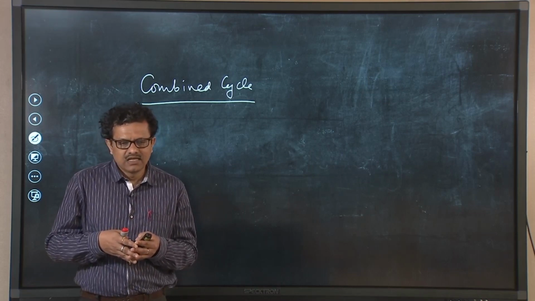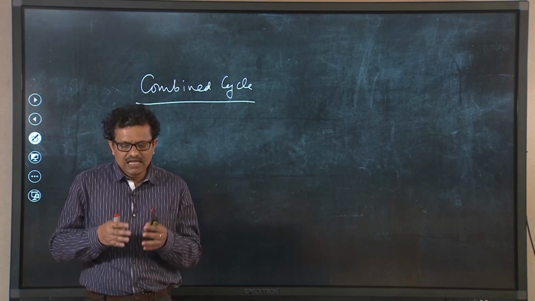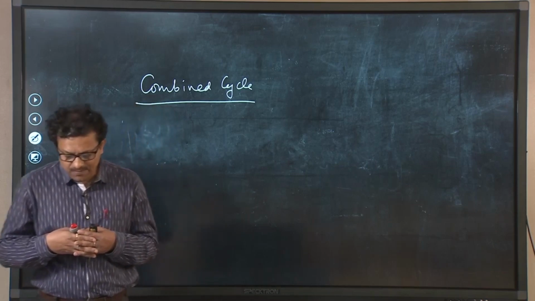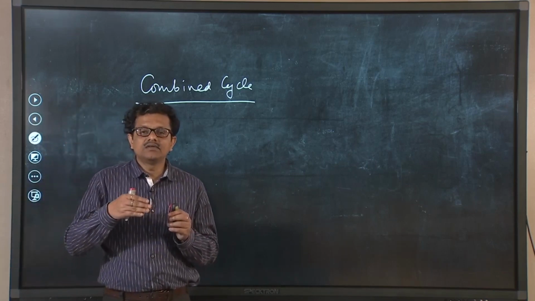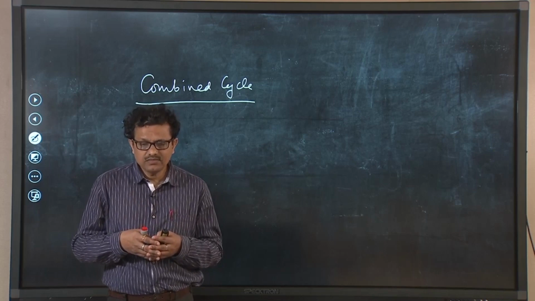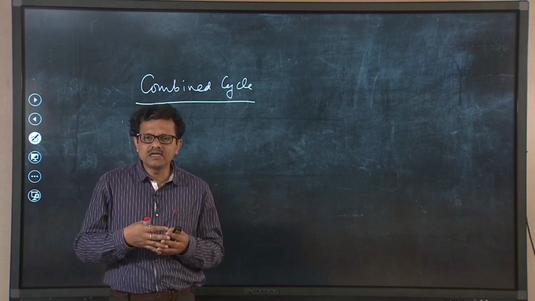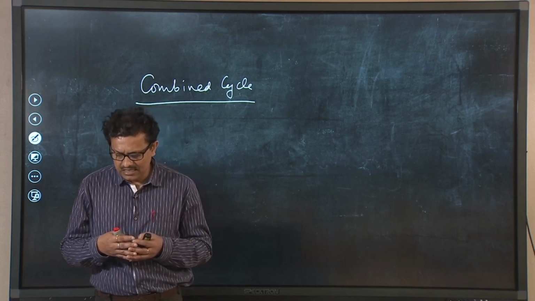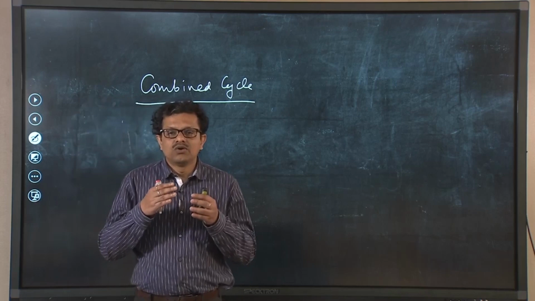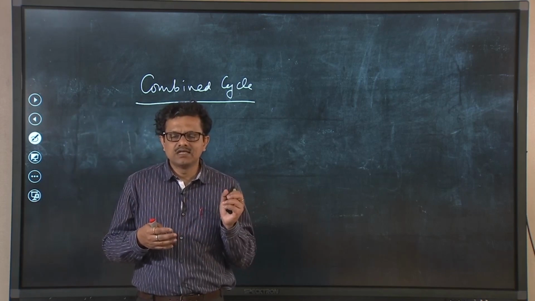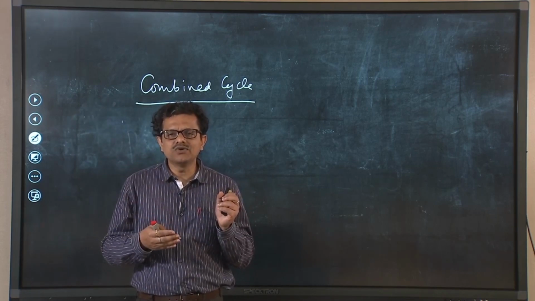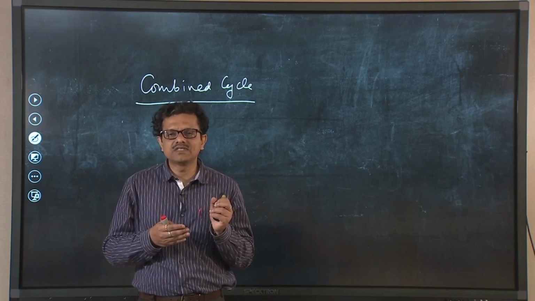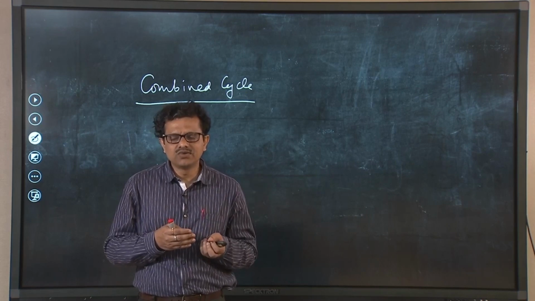Now, question is, there are several disadvantages of gas turbine units. What are those? Large compression ratio, high exhaust loss, high degree of irreversibilities associated with both compression and expansion process, then low cycle efficiency that we have discussed. Even after increasing work ratio, it is not possible to increase cycle efficiency, that we have discussed today.